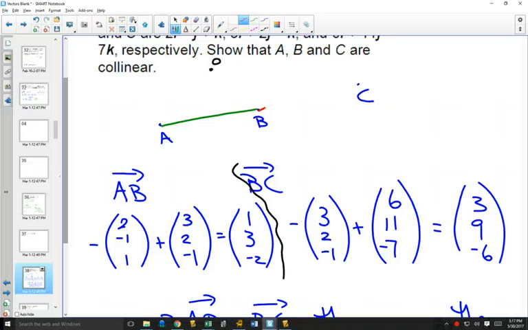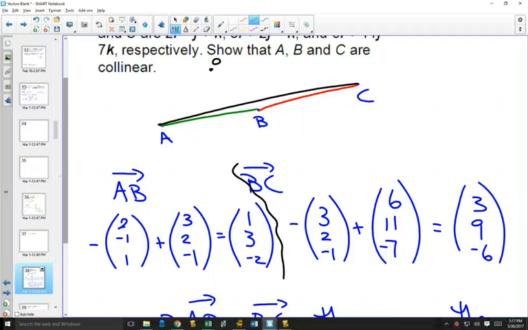You could figure out the magnitude of B to C. And then you could figure out the magnitude from A to C. If they're collinear, what would have to happen? The green one plus the red one would have to equal the black one. If they're not collinear, the black one would probably be shorter. It'd probably be quicker to go directly than it would be to stop along the way at another point.